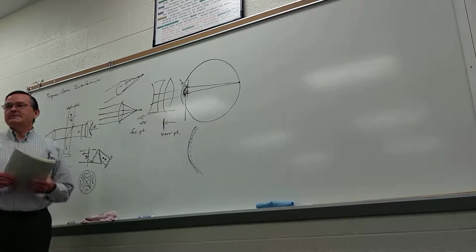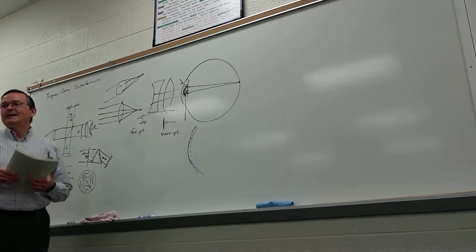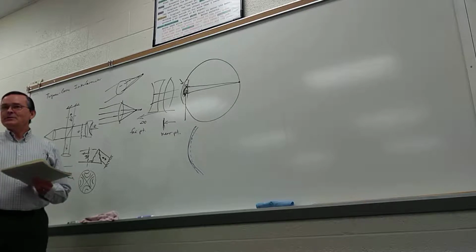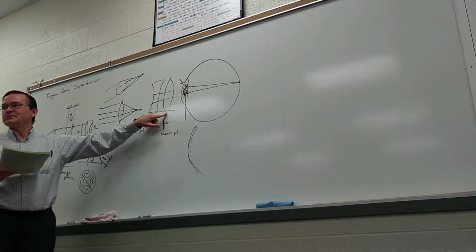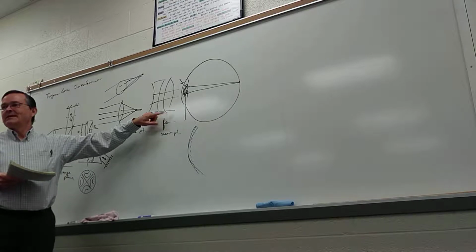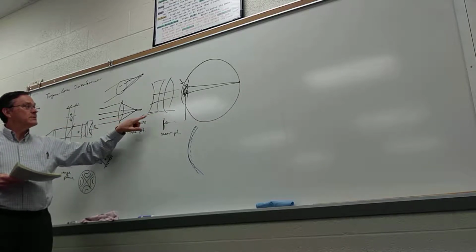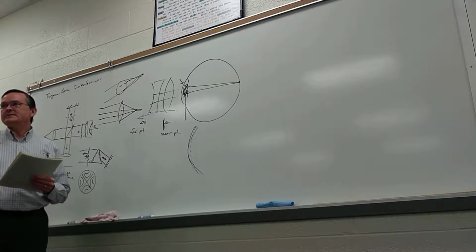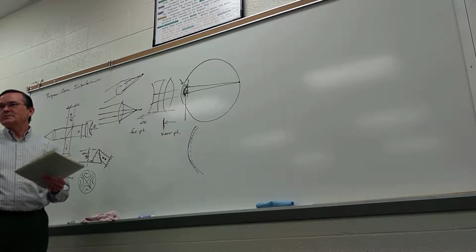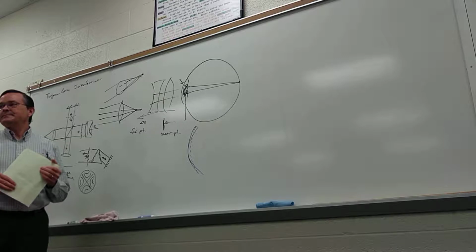If you look at the person's eyeball and it's larger than normal, that's because they have a positive lens there. It's a magnifying lens as far as you're concerned as an outside observer. On the other hand, if you look at their eyeball and it's smaller than normal, it's because they have a negative lens in front of their face and it's acting as a demagnifier. And so you can tell that the person is nearsighted.